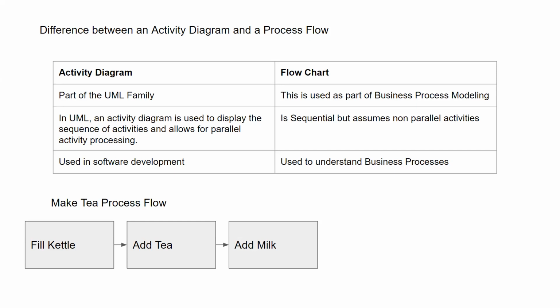From an awareness perspective, you might be asked during an interview, is activity diagram part of the UML family? And when I say UML, someone many, many years ago decided, all right, we're going to create a unified modeling language that will hold a bunch of types, techniques of creating process flows. So it's part of that family.